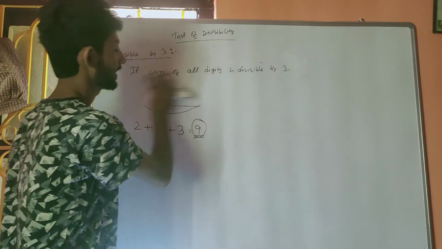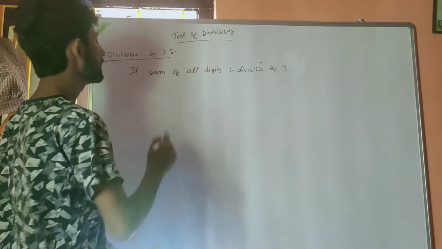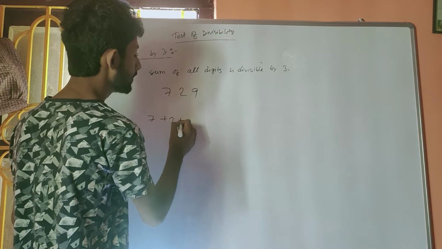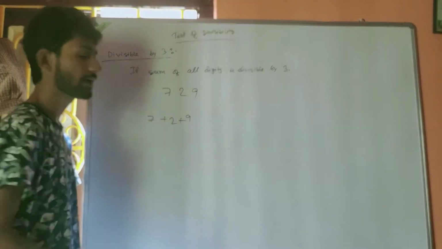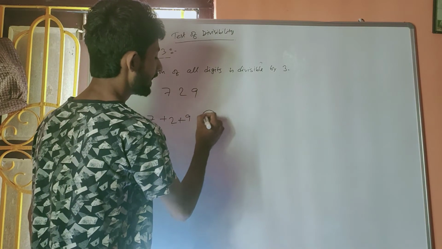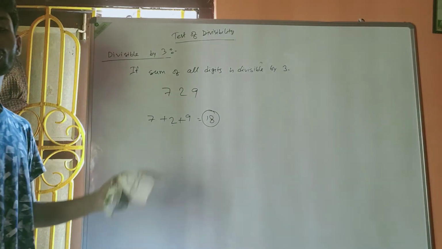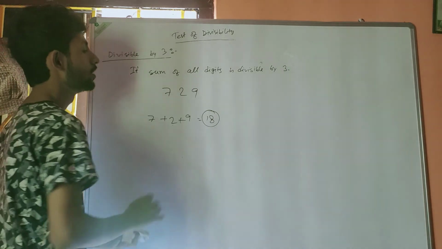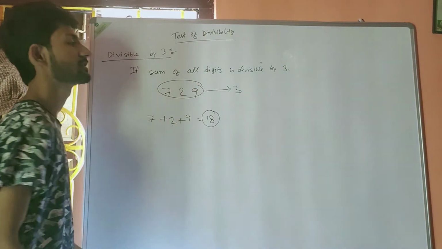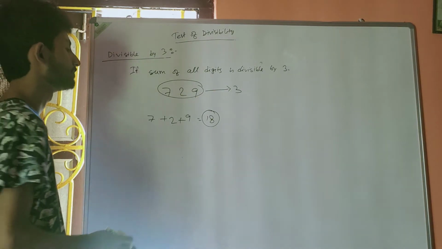If we take another number, 729, first we add the digits. 7 plus 2 is 9, 9 plus 9 is 18, and 18 is divisible by 3, since 3 sixes are 18. So this number is divisible by 3.